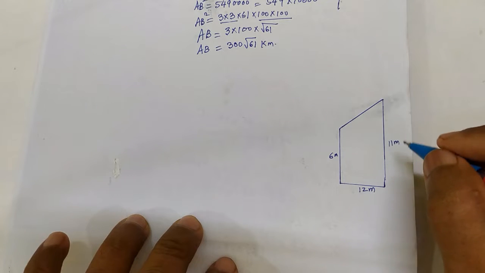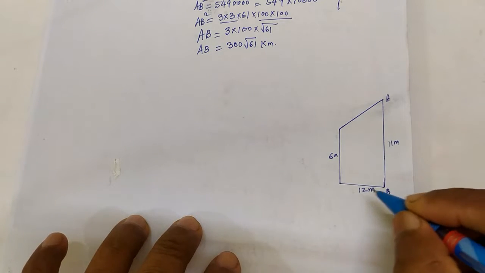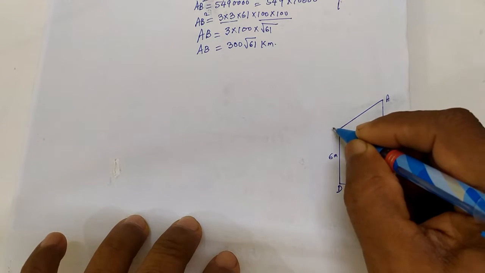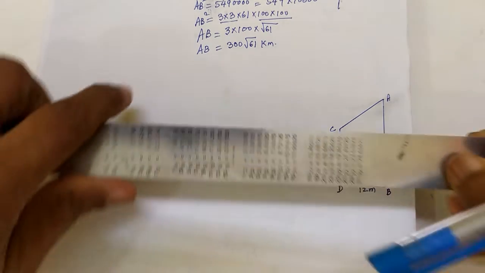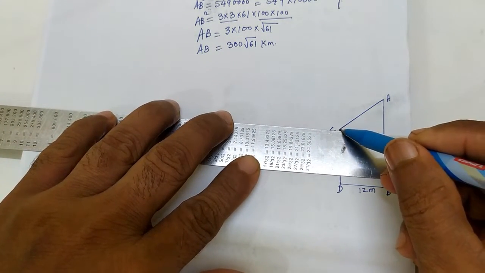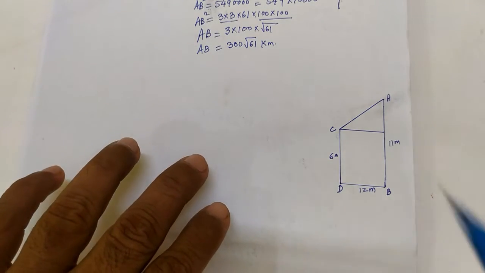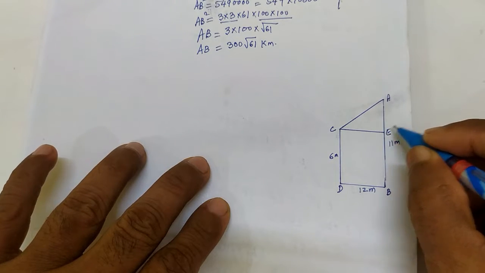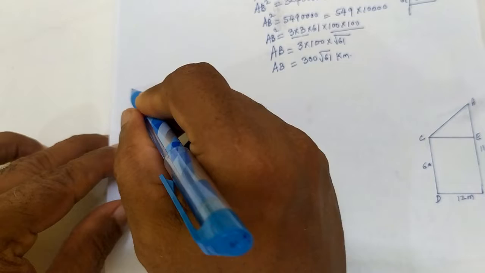We'll name them. We'll write A here, B here, D and C, and we'll draw a perpendicular from C, and we'll name it E. So the 12th one.